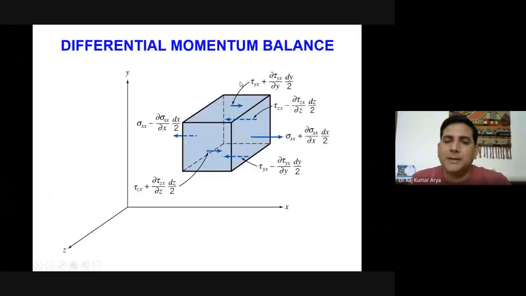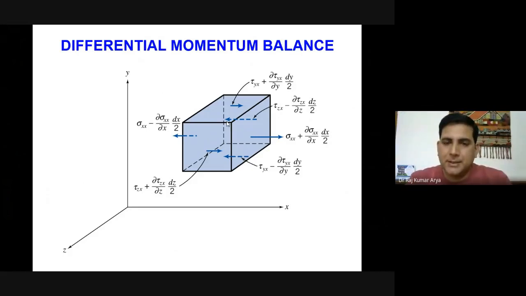This is your differential mass, and here if you apply a force, this would be its condition, something like that, at all six surfaces. Correct or not? Now I add up all these forces in direction x and balance the two, because the net force will give some acceleration on this. Correct or not?